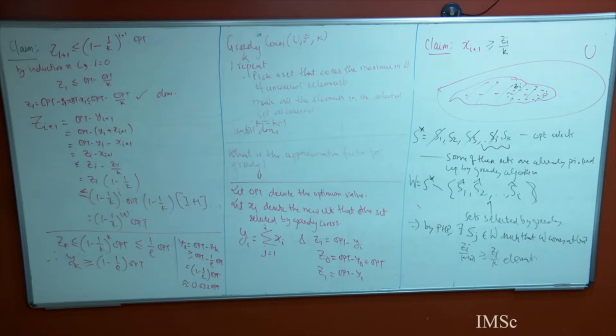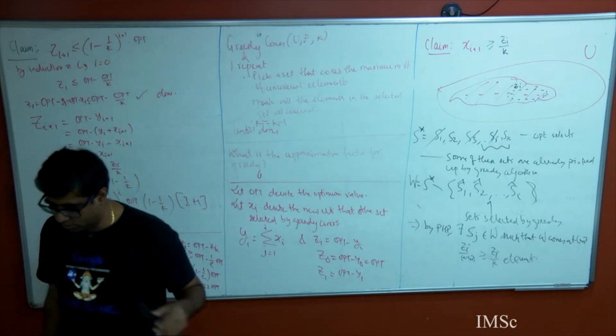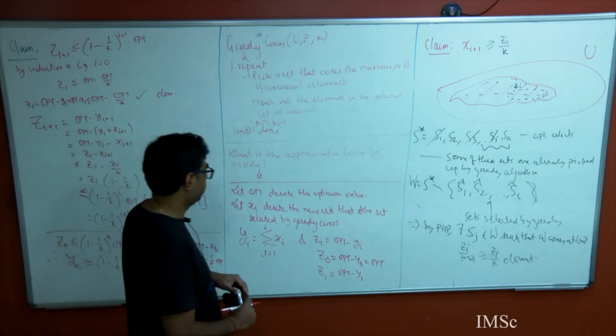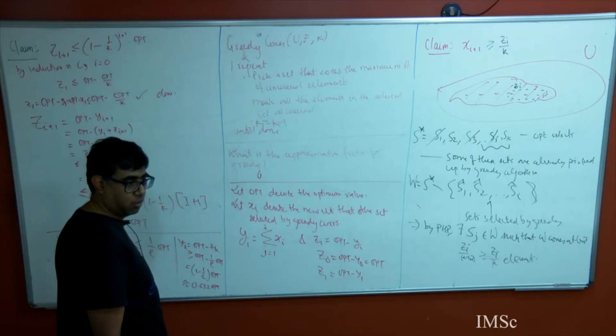So it covered 0.632 of n. I run it again. It will cover 0.632 of the remaining elements. So how many times can you do this? Some log n times, right? And this is why you get set cover as a log n approximation algorithm. And in fact, it is 1 by e. So this is why you get log n plus 1.